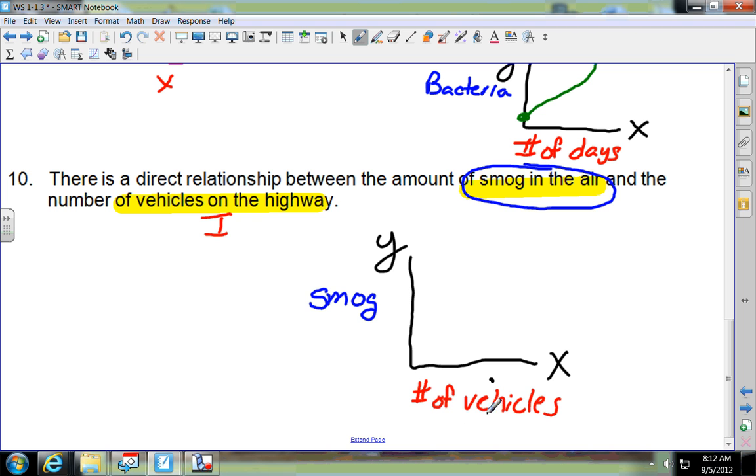We would have the number of vehicles be the X and the amount of smog be the Y. Because when we have few vehicles on the road, the smog is low. The more vehicles we have on the road, the higher the amount of smog there is. This line is going to be increasing.